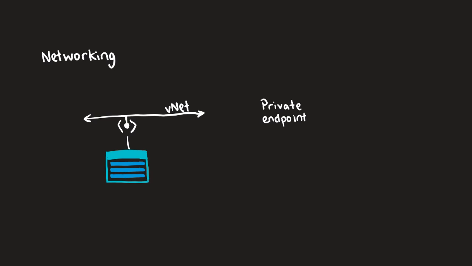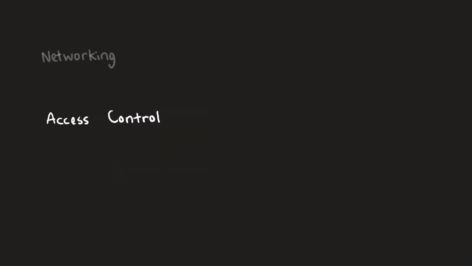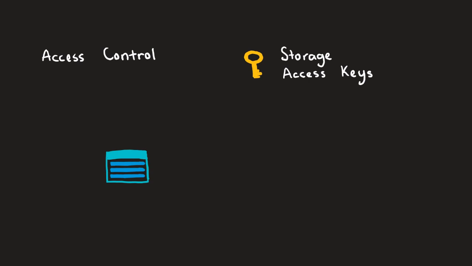Then if we go into the access control side of things, we have a few capabilities for the access control of our data lake storage. Again, we have all the capabilities that we have for all the Azure storage services. So for each Azure storage account, as you create it, there's the storage access key.